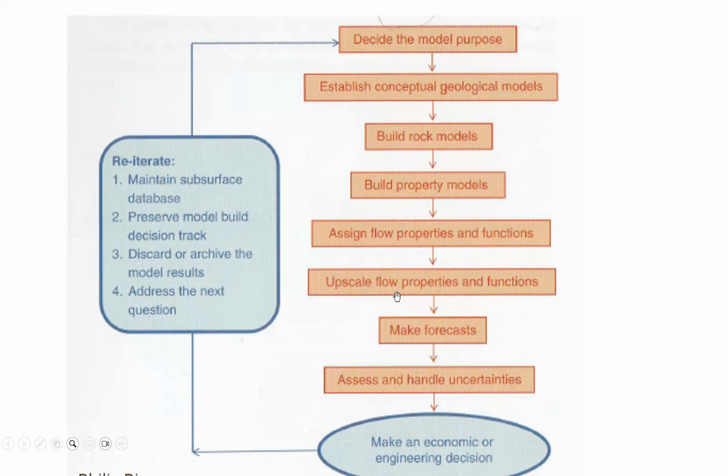When you do the upscale, please be with the reservoir engineer. This is my biggest advice. Don't do it by yourself, because you will need to talk with your reservoir engineer, because he has ideas already in his mind, and with yours it will create a great upscale that you can do once or twice and you don't spend weeks doing that.